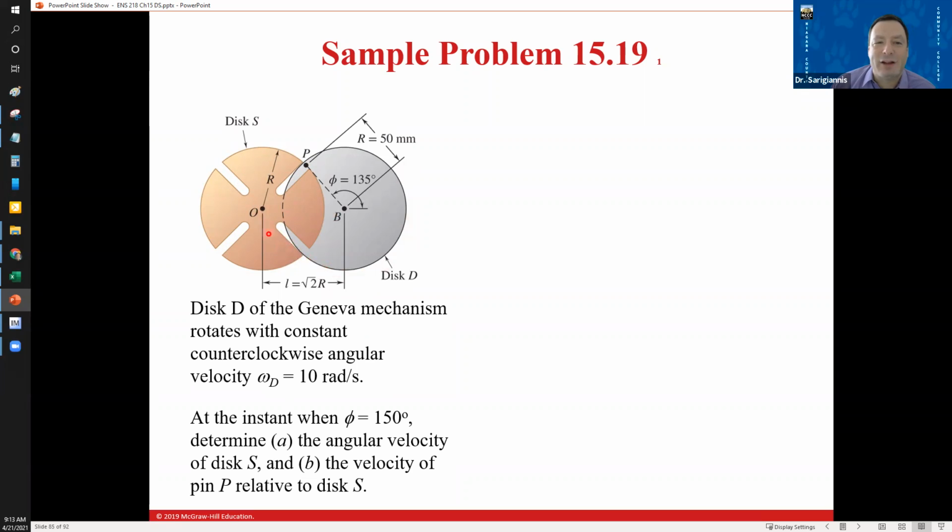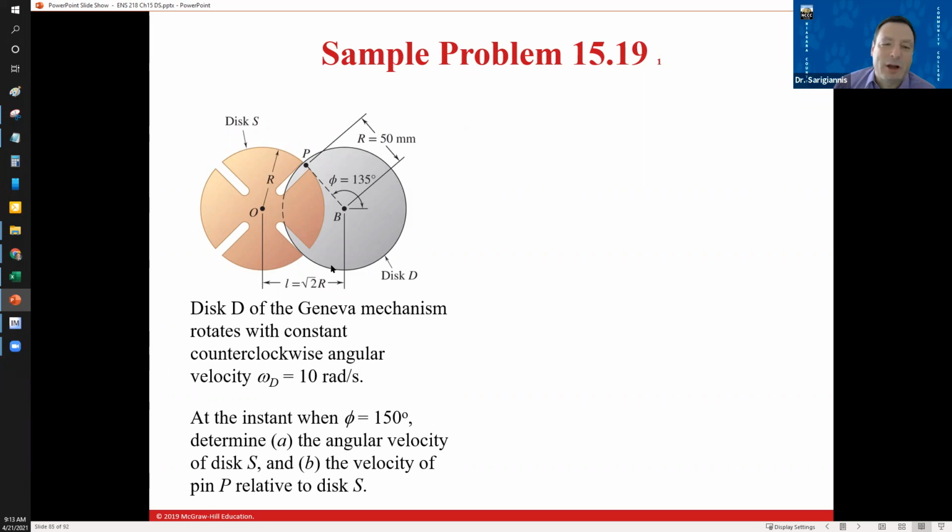So depending on the number of slots you have, you can take constant rotational motion and turn that into incremental motion. It's a Geneva mechanism. If you're familiar with old clocks, this mechanism is used in that.